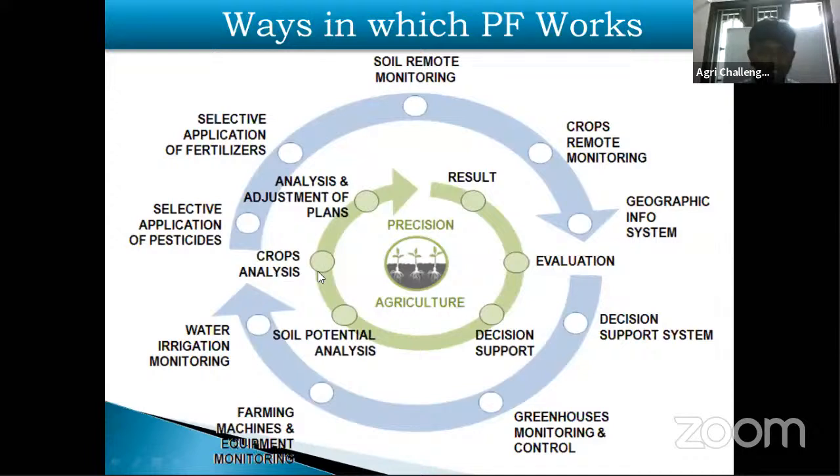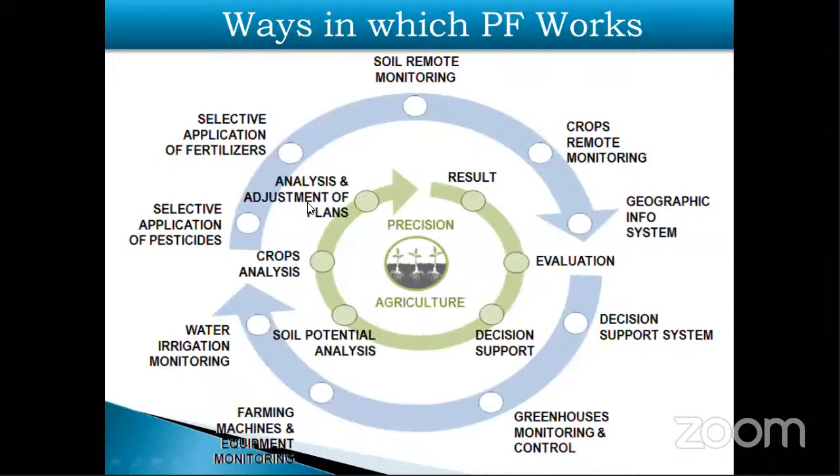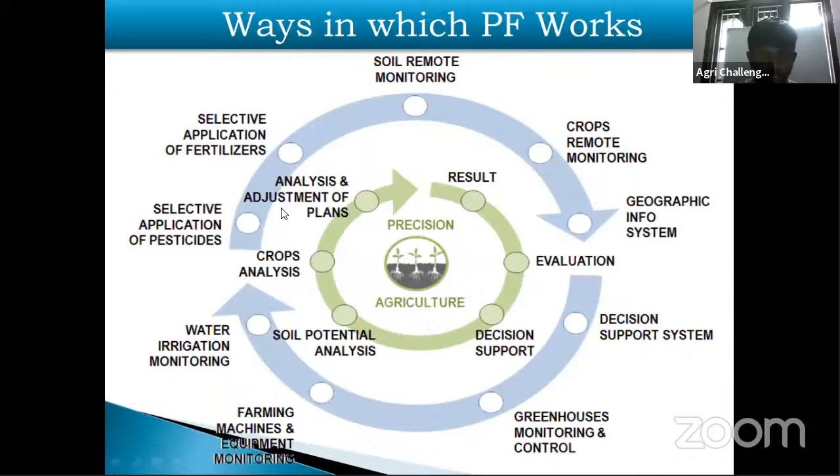Crop analysis: selective application of pesticides with the help of stress maps, and selective application of fertilizers with the help of fertility maps. We will analyze the data, and based on that we will adjust the input requirement.